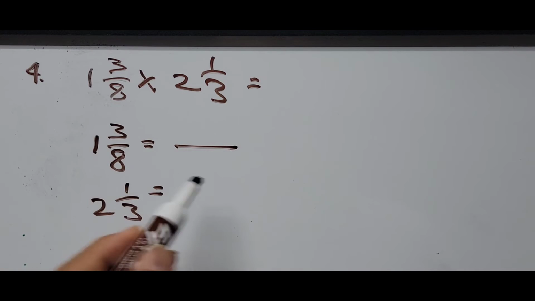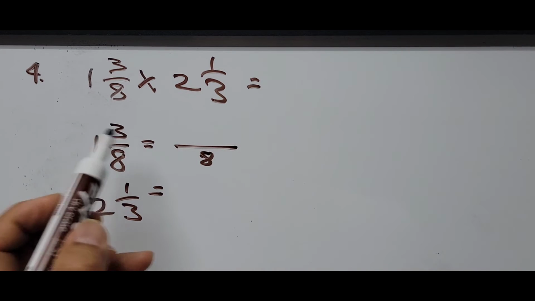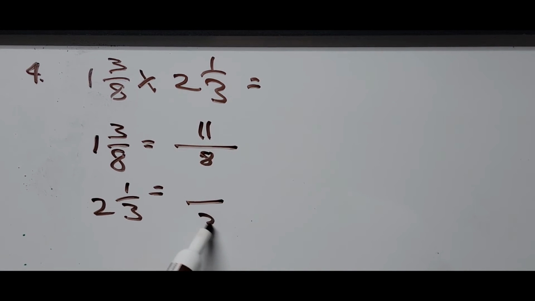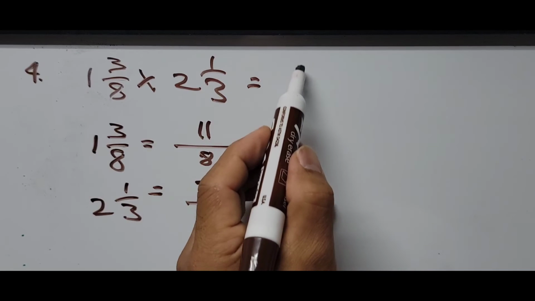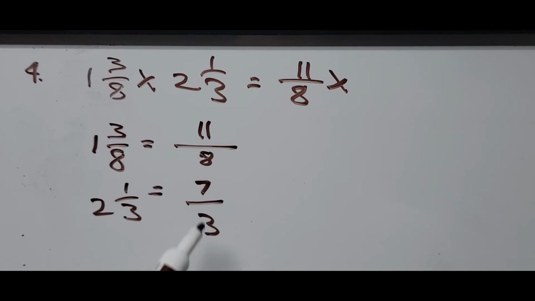We just carry over the denominator. 8 times 1 is 8, plus 3 is 11. And here 2 1/3. 3 times 2 is 6, plus 1 is 7. So that's 7/3. So 1 3/8 is 11 over 8, multiplied by 2 1/3 which is 7/3.